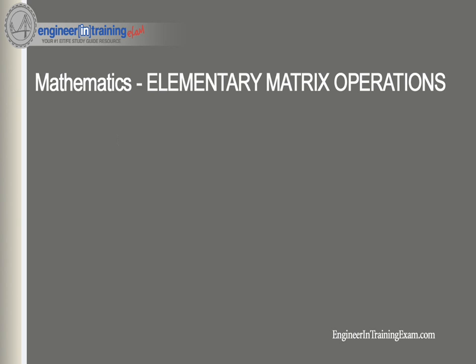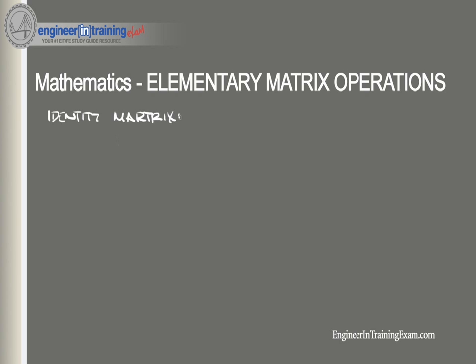Now, before we start, it's important to define what an identity matrix is. An identity matrix is simply an n by n matrix, so a square matrix with 1 in the diagonals and 0 elsewhere. So an identity matrix would look something like this.